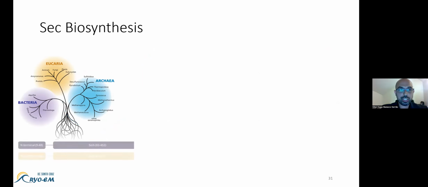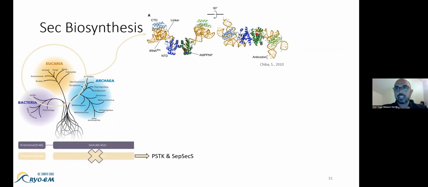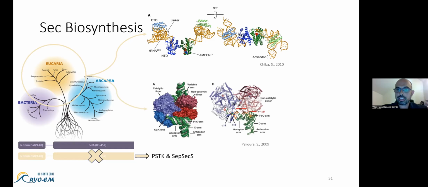In eukarya, SelA doesn't exist at all, and its function was replaced by two other enzymes. One is called PSTK, which is responsible for recognizing the tRNA and phosphorylating the serine, and another is called SepSecS, or SEPSECS, the O-phosphoseryl-tRNA selenocysteine synthase, responsible for performing the second step.